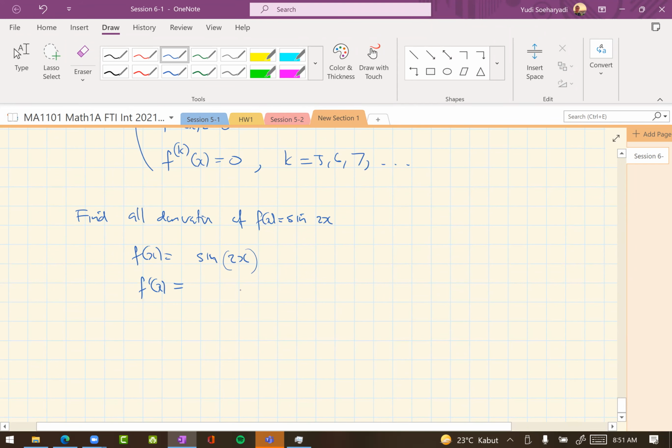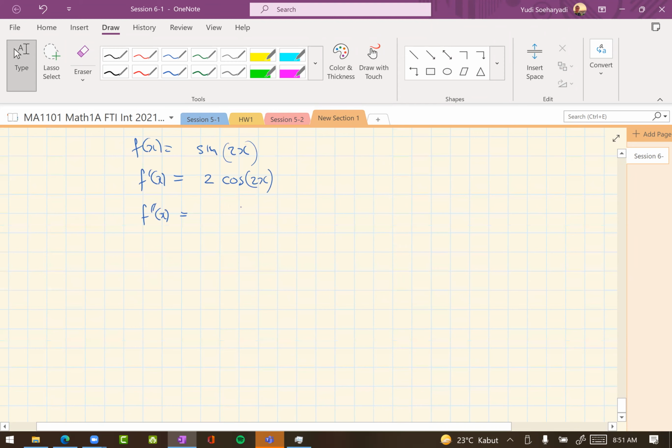We compute the 2x first, right? So the derivative of sine becomes cosine. The angle remains the same, but multiply by the derivative of the angle, so just 2. Okay. Second derivative: cosine becomes negative sine. Angle the same, but 2 multiplied by another 2. So 2 squared.